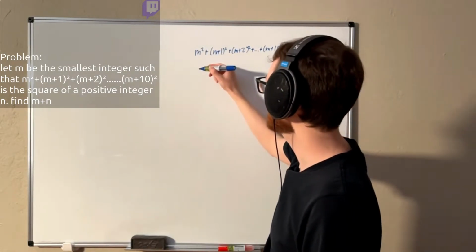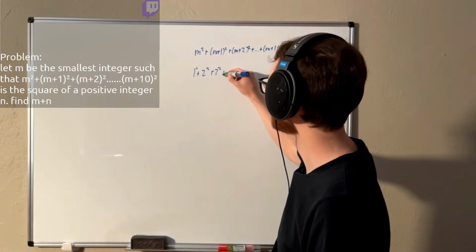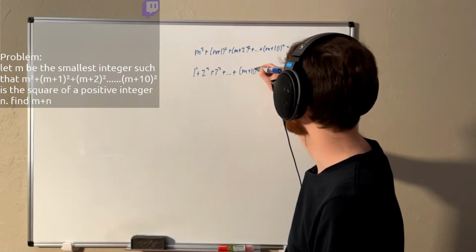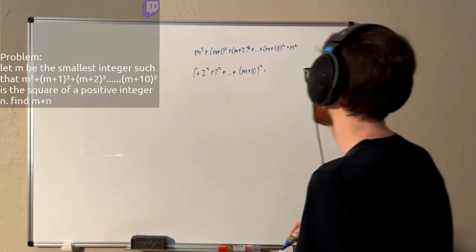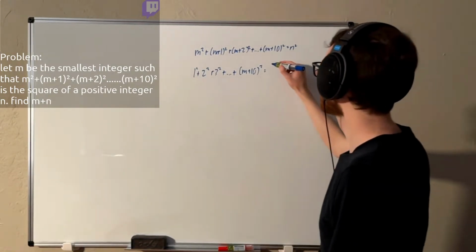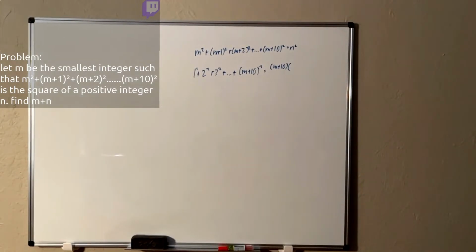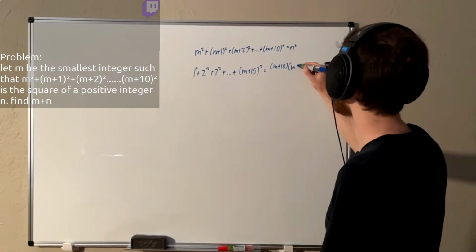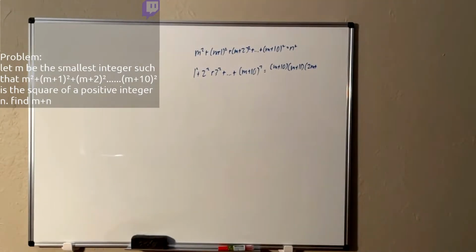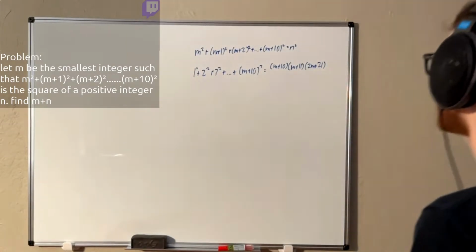So we know that 1 squared plus 2 squared plus 3 squared plus dot dot dot plus all the way up to m plus 10 squared is equal to m plus 10 times m plus 11 times 2m plus 21 over 6.